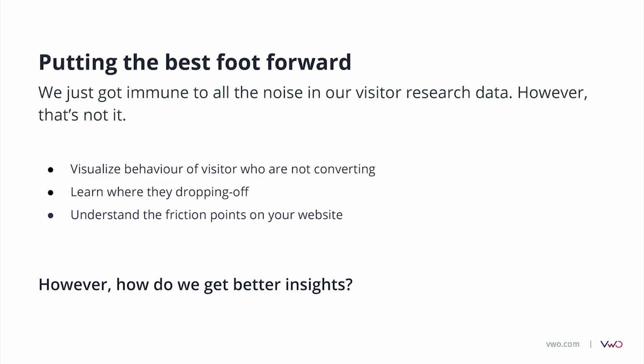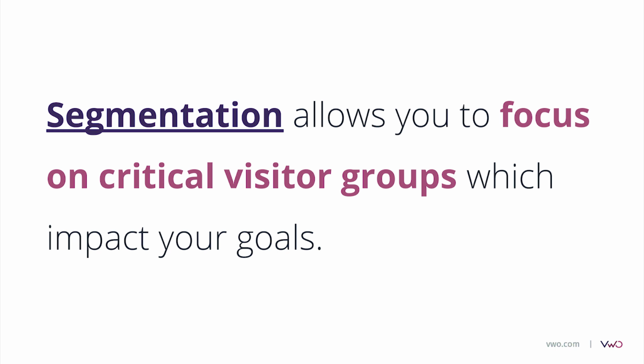I know it can be very overwhelming when you open up visitor recordings and you see 10,000, 20,000, in some cases 100K, 200K visitor recordings. Where do you start? Before even starting that, you need to ask yourself, again, what is the goal I am optimizing for? What does the funnel look like? And then, what are the parts of the funnel I am optimizing for, which you can figure out from the funnel itself. Once you have that, you can start creating views to understand the behavior a bit deeper.